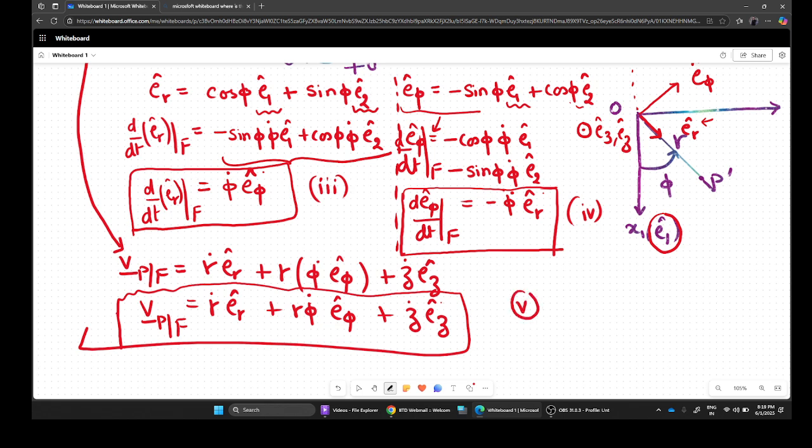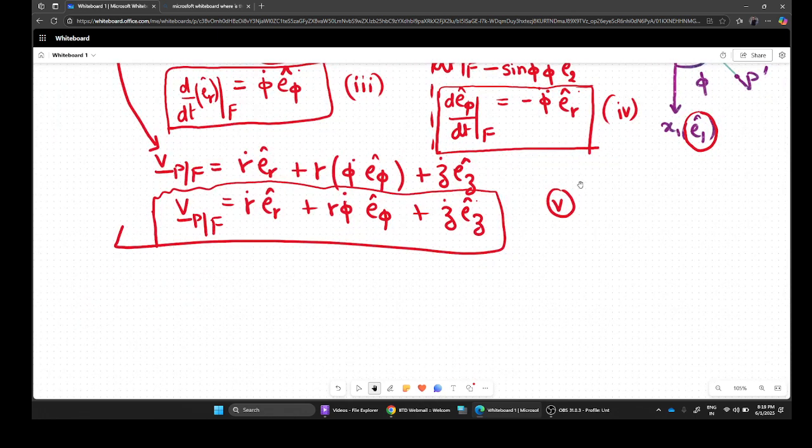Let's call it 5. Once we have VPF, we are now ready to find APF also. APF is going to be the rate of change of VPF with respect to f.